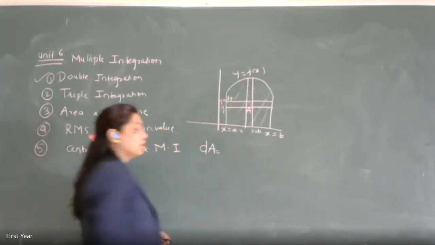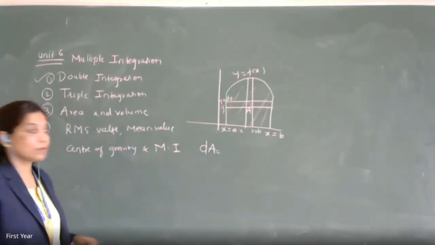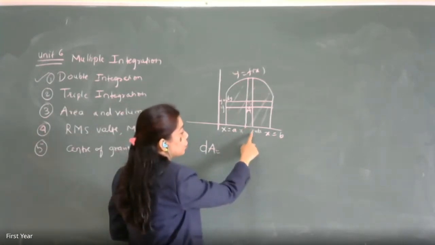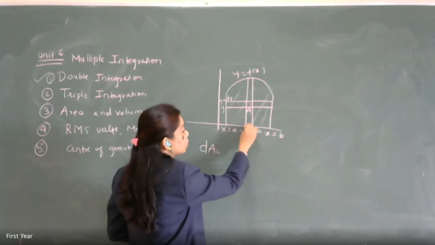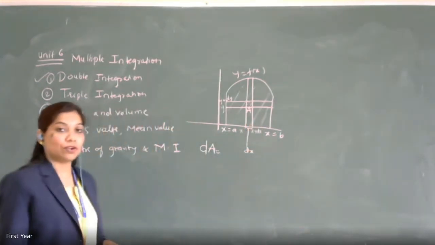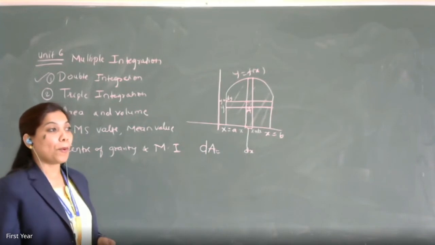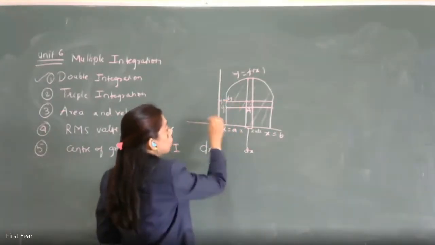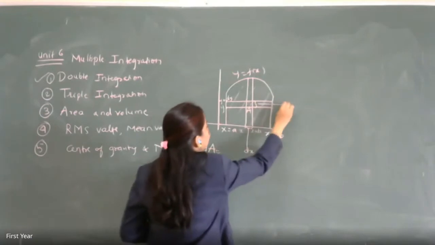If this is your general x, then the small change in x is dx. And if this is y and this is y plus dy, then the change is dy.